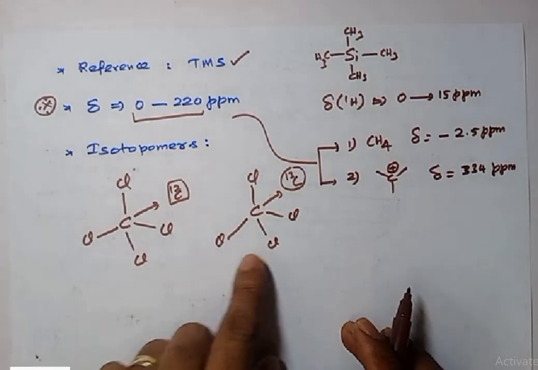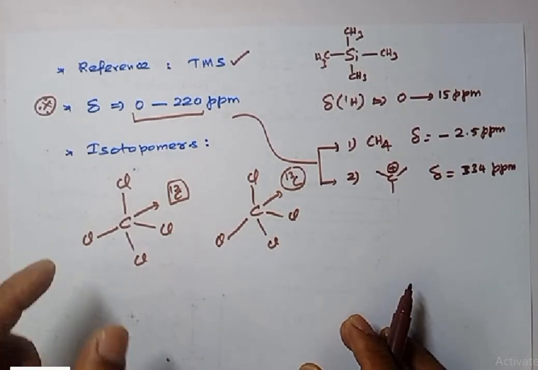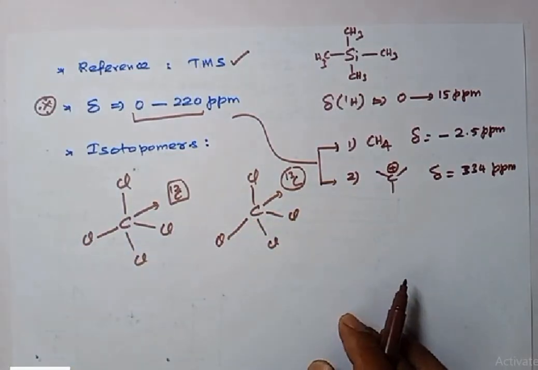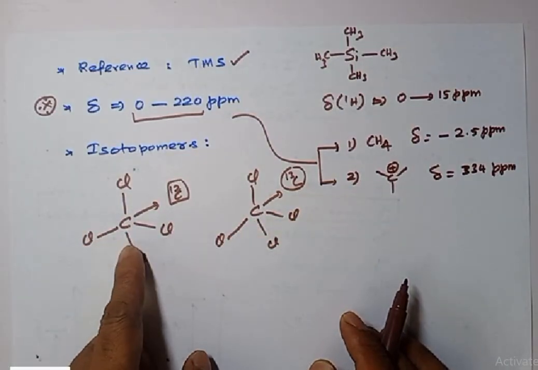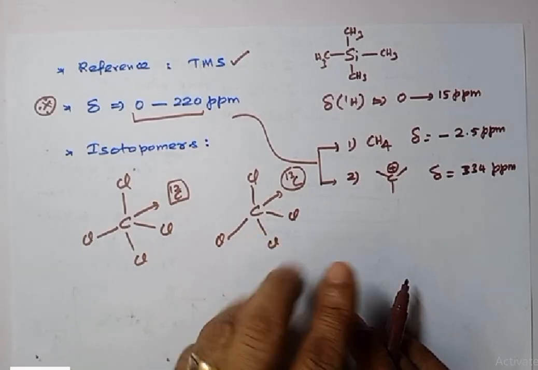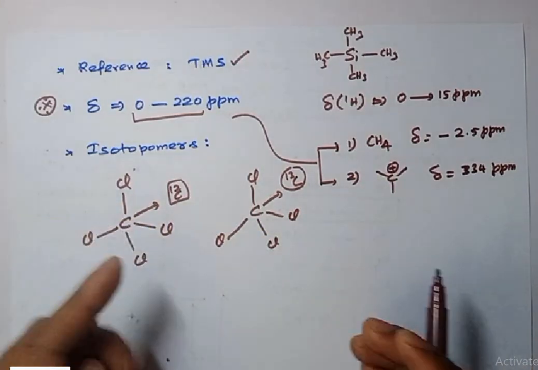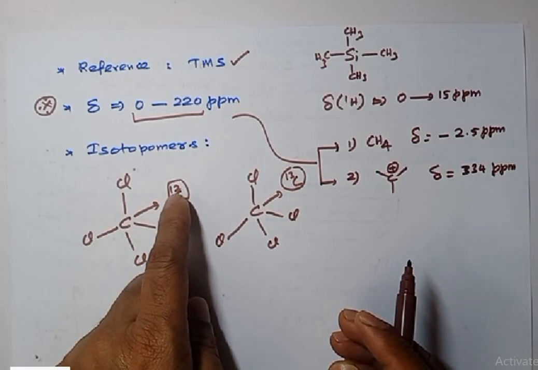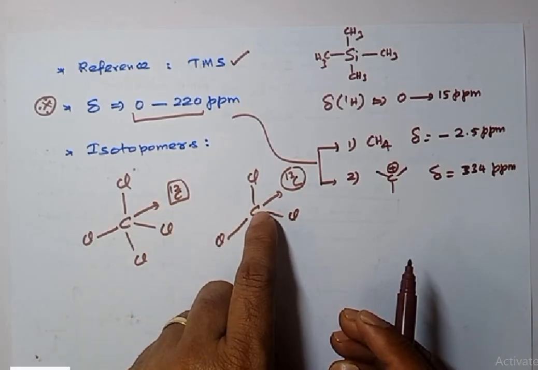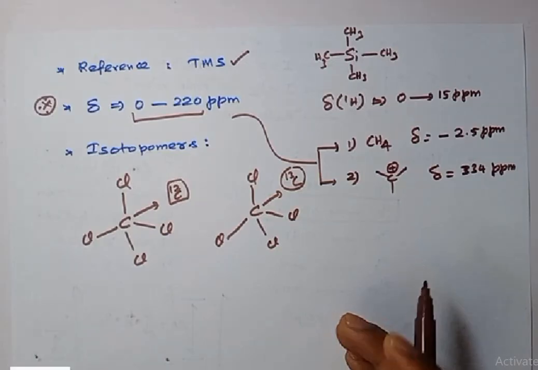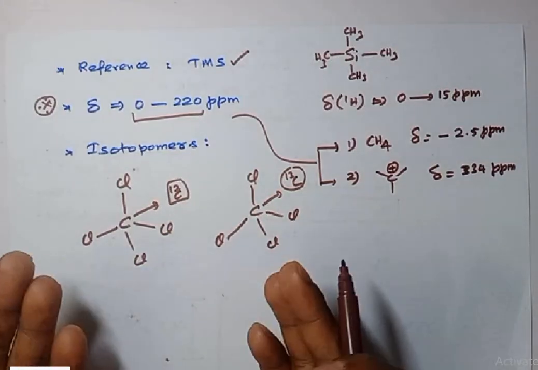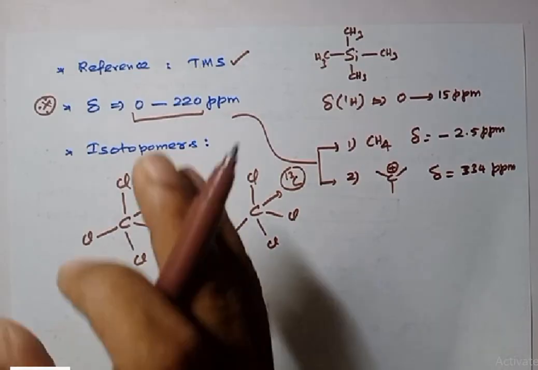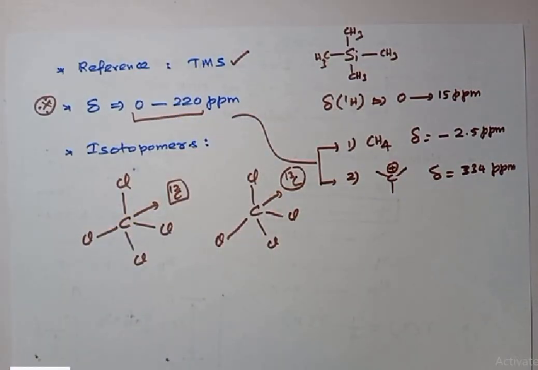So both compounds have the molecular formula CCl4, the structure is tetrahedral, everything same. What is the difference? In this molecule, the carbon atom has the C12 isotope, and in this molecule, the carbon atom has the C13 isotope. So the difference is only in isotopic atoms. So, these 2 are called isotopomers.